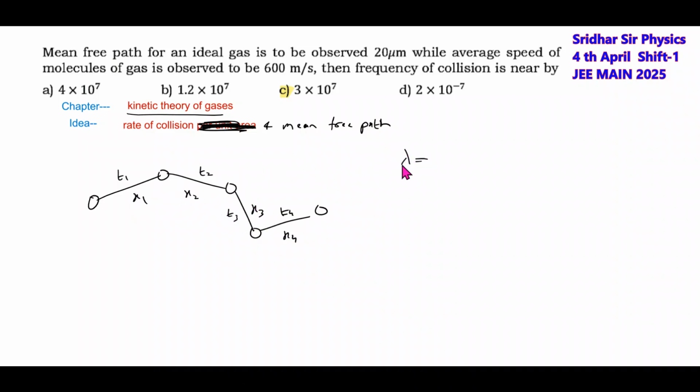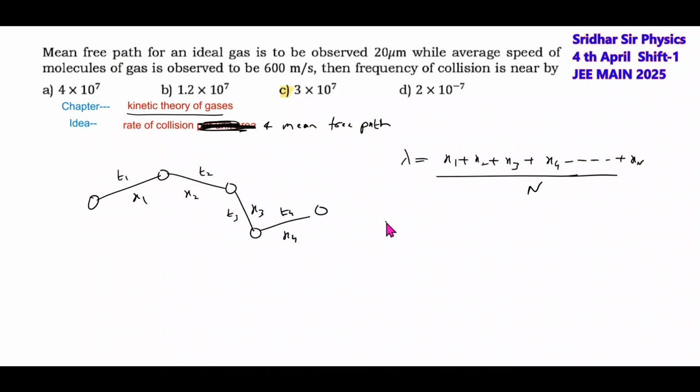Usually the symbol will be lambda, which is x1, x2, x3, x4, and so on, by n. That's the mean free path. Then average speed. What is T1? Time interval between successive collisions.